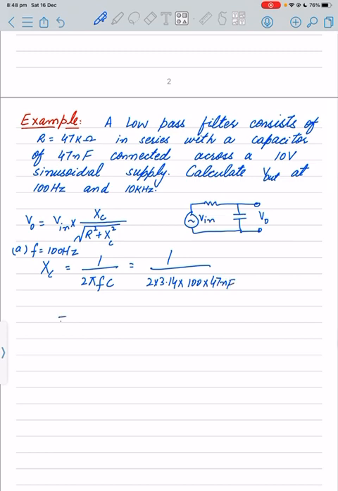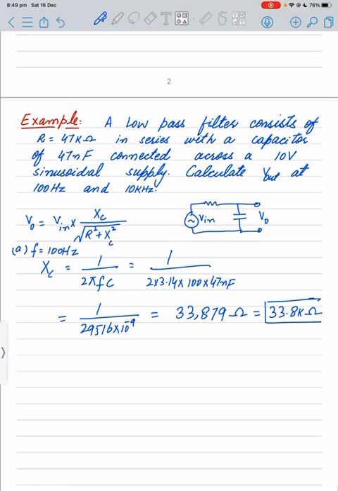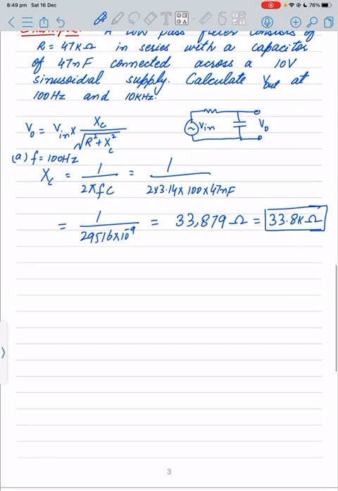When you solve that equation, you will get approximately 1 divided by 29516 into 10 raised to the power minus 9, and solving again, you will get 33,879 ohms, or you can simply call it 33.8 kilo ohms.